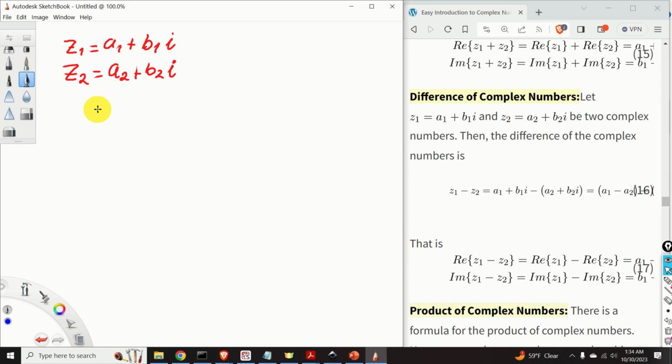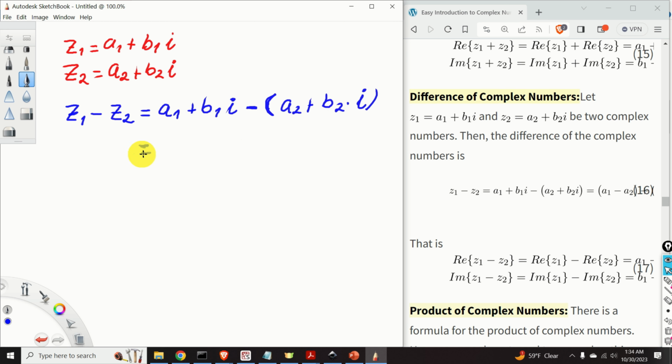The same principle holds true for the difference of complex numbers. That is, when you see something like z1 minus z2, you should write first of all the first number, a1 plus b1i, then you simply write minus (a2 plus b2i). And what happens over here?